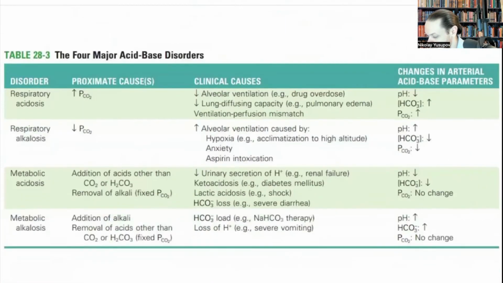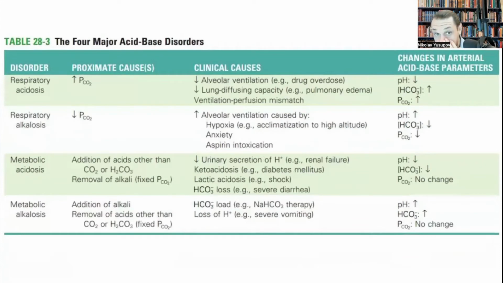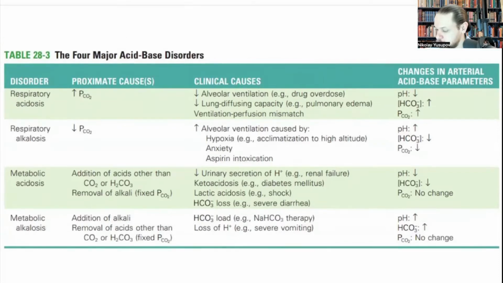Now we want to talk a little bit about acid-base balance. We said that besides blood pressure regulation, the kidney also controls your acid-base balance. At this point we know blood pH is 7.35 to 7.45.